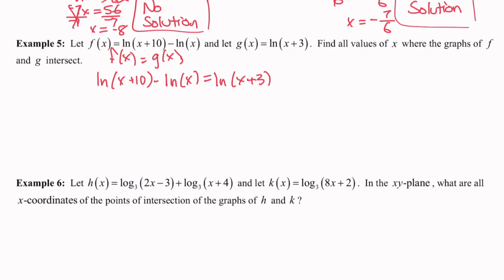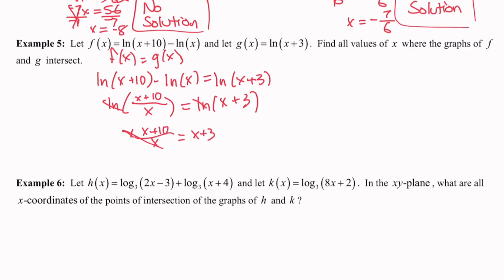Now let's solve it like the previous ones we did, where we can change it to solve for x, or like, you know, take away the logs. So this is divide. Now let's change it. Get rid of the logs.